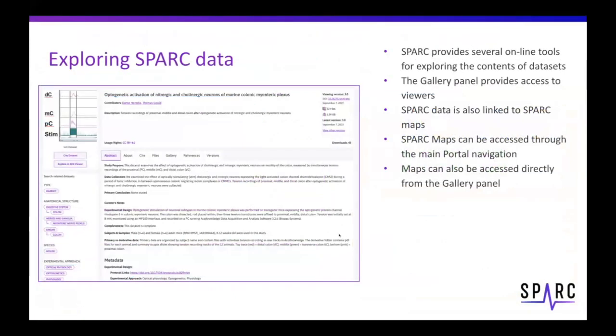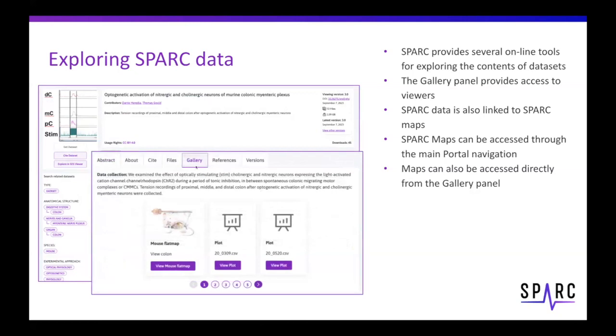To explore SPARC data online, as I mentioned, you can download files. You can also download or access the entire data set in the cloud, but we also provide a lot of online tools to allow you to explore the contents of data sets without having to go through an additional step. So in this case, you access the Gallery tab. The Gallery tab will provide a set of panels that will tell you the types of tools that are available for that particular data set.